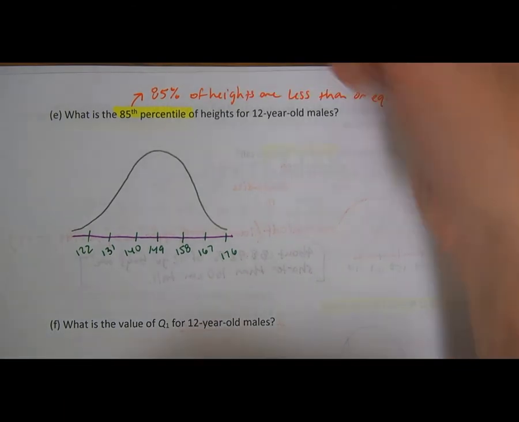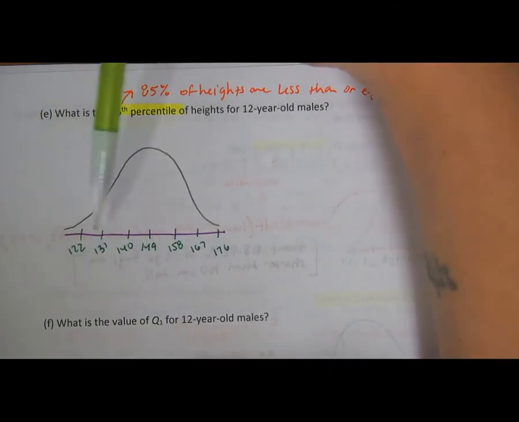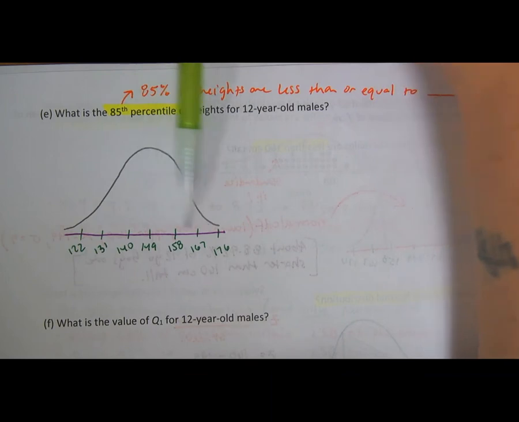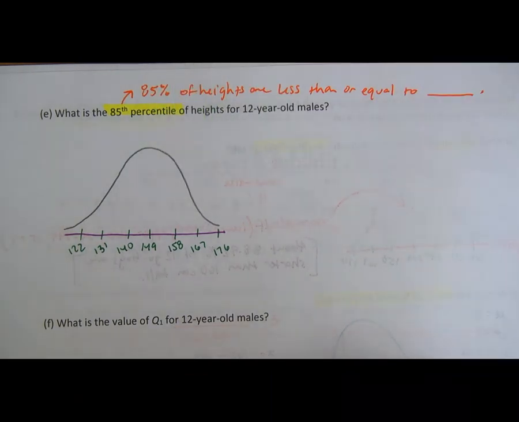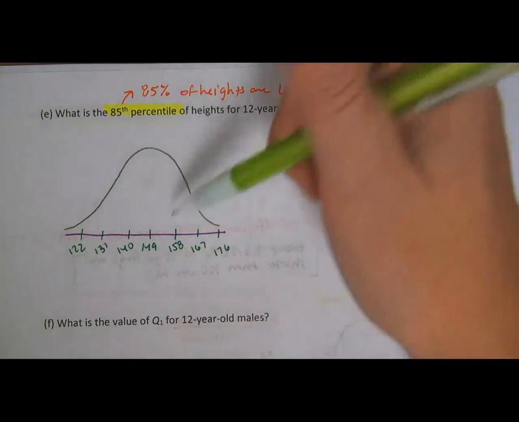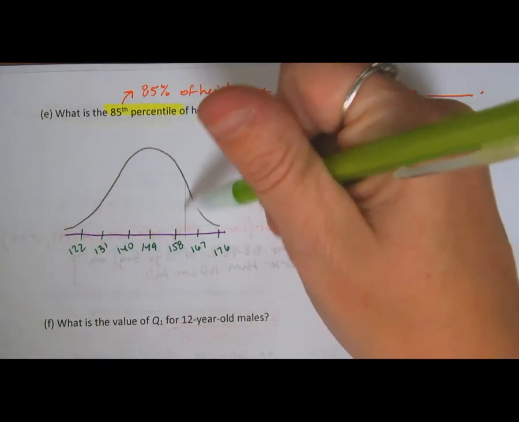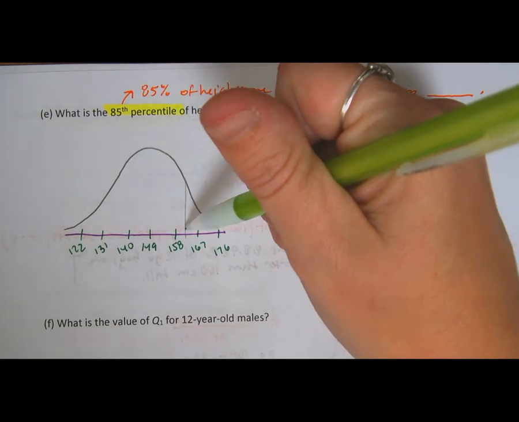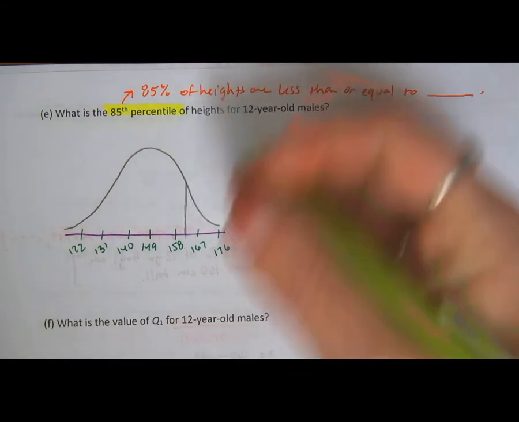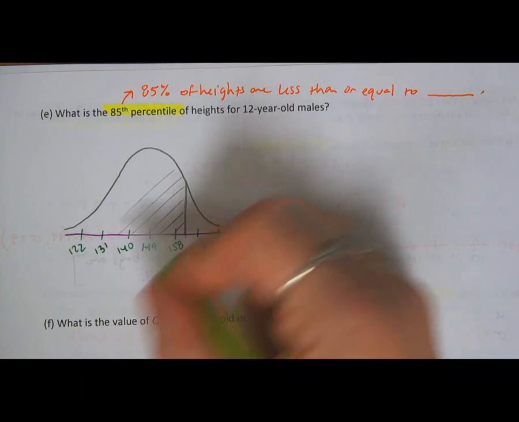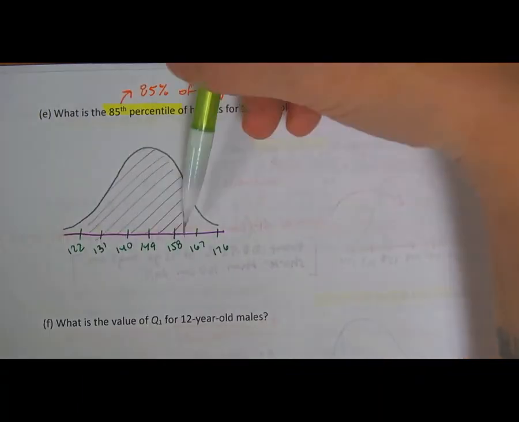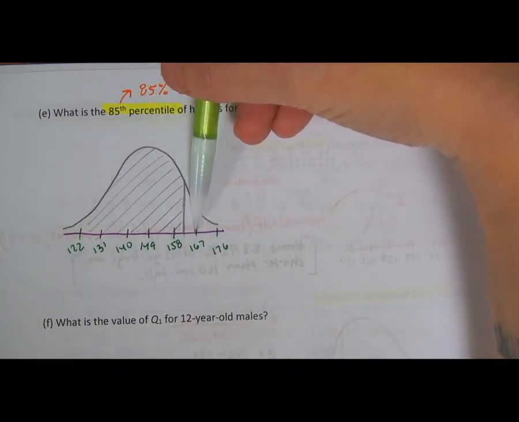Now, I don't exactly know where to draw my line because I don't know what number height it goes with, but the empirical rule kind of helps me out, and if I lose you here, it's okay. I'm going to say it's somewhere over here. And if you're like, how did she know to draw it between the 158 and the 167?